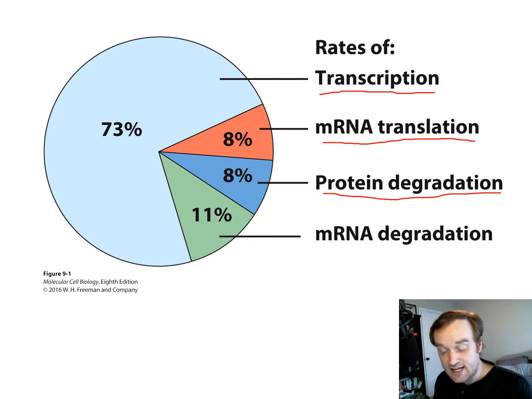And then lastly, the mRNA degradation. So how quickly those mRNAs are being broken down, either before they get to the translation phase, or if they're hanging around extra after and are translated multiple times, which usually doesn't happen. But these all play roles in how much protein abundance is in a cell.